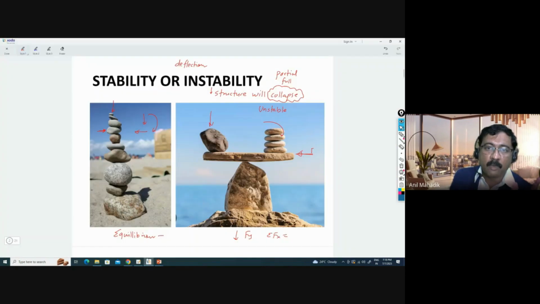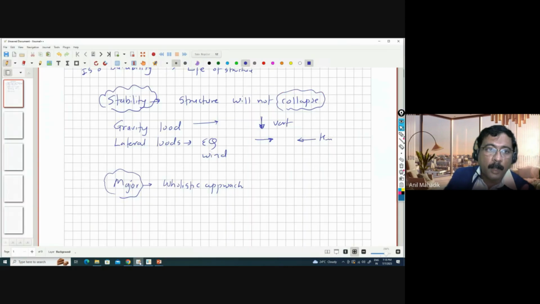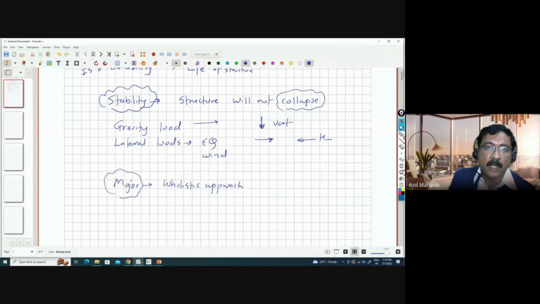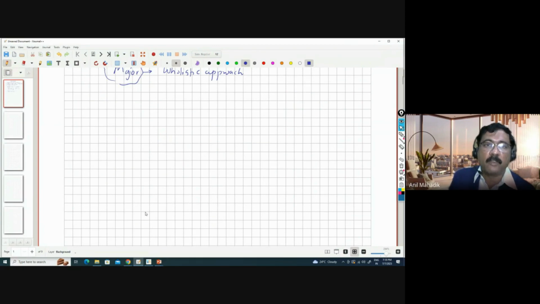For example, if you look at this structure, when there is a load, it will fall down. All the pebbles will go down and fall. My expected shape is like this, but due to the lateral load, it falls down. Stability means you expect that your structure should remain like this.